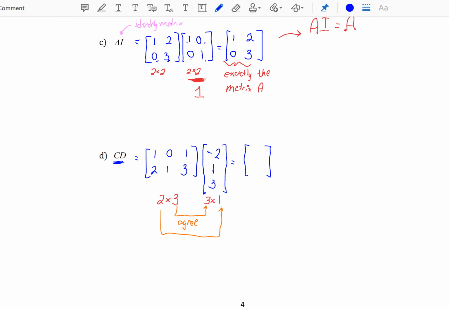So our 2 rows, 1 column would be our first row times the first column. If I do this right, it'd be 1 times negative 2, 0 times 1, 1 times 3. I think that's going to be negative 2 plus 3, I believe this is going to be a 1.